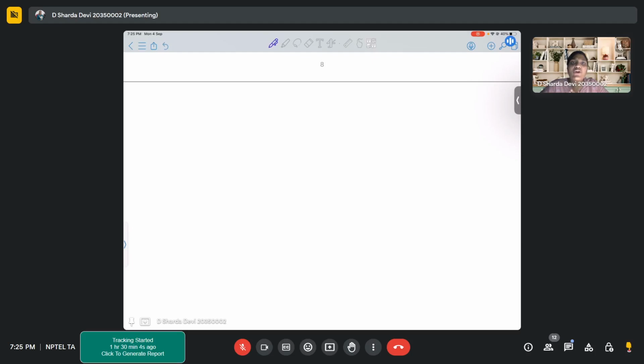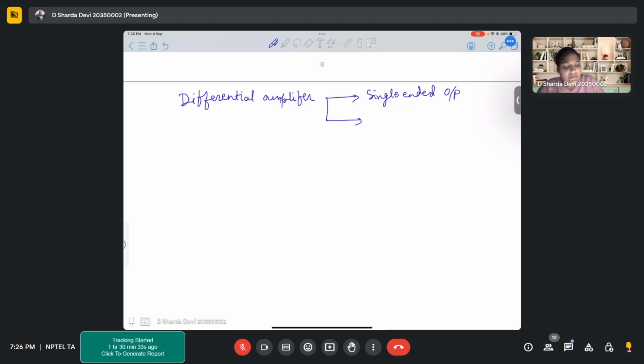Ma'am, what about if you have noise? In a normal differential amplifier, it is dual, ma'am. If you take a current mirror action, then only it will be single output. Okay, so differential amplifiers can be used in two configurations: single-ended output, double-ended output.